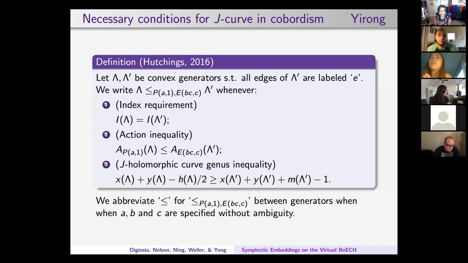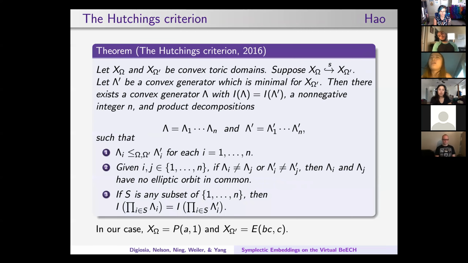And this third inequality is actually the most worth noting because it carries additional, more refined information than what ECH capacities alone can tell us. Incorporating this condition into the whole machinery allows us to provide better obstructions than just using ECH capacities alone. Next, we'll introduce the Hutchings criterion, which is the key ingredient to our proof.